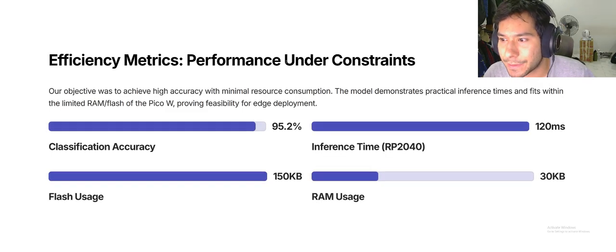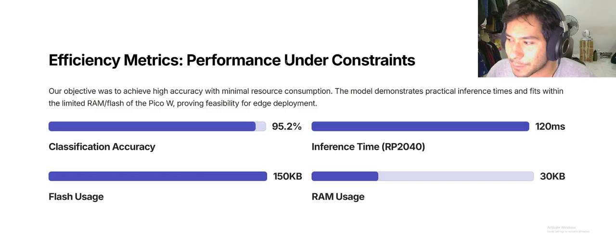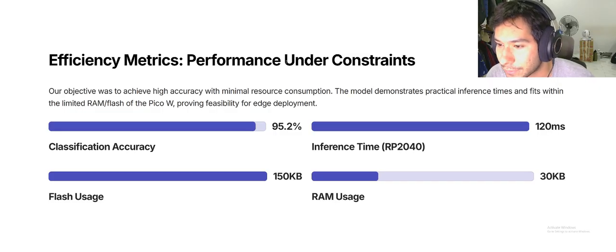And these are some of the metrics that we're aiming to address, such as inference time. In this case, we're aiming for real-time inference, as well as low memory usage. The Raspberry Pi Pico has very low memory, as well as very low flash space, so we have to consider those when developing the CNN.